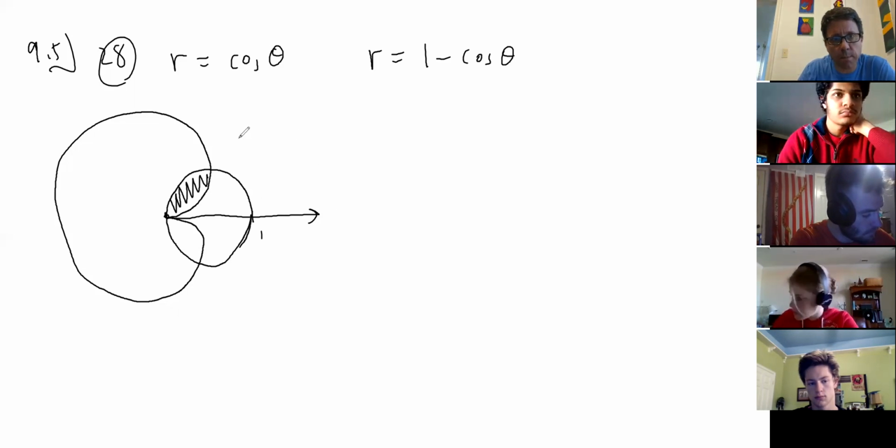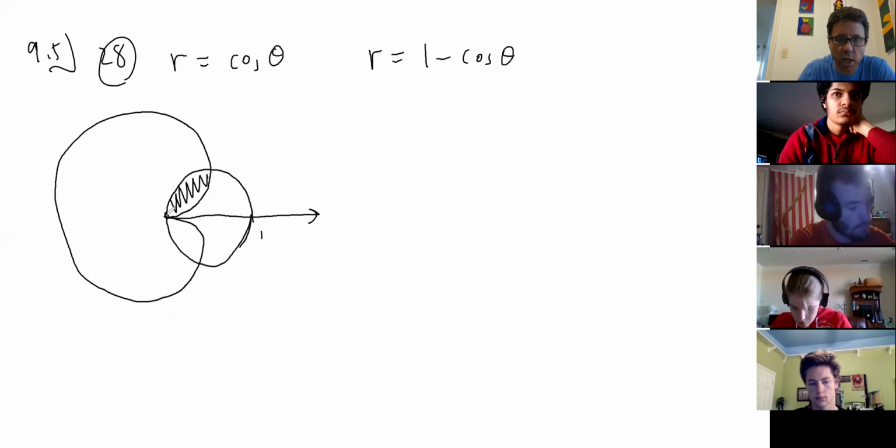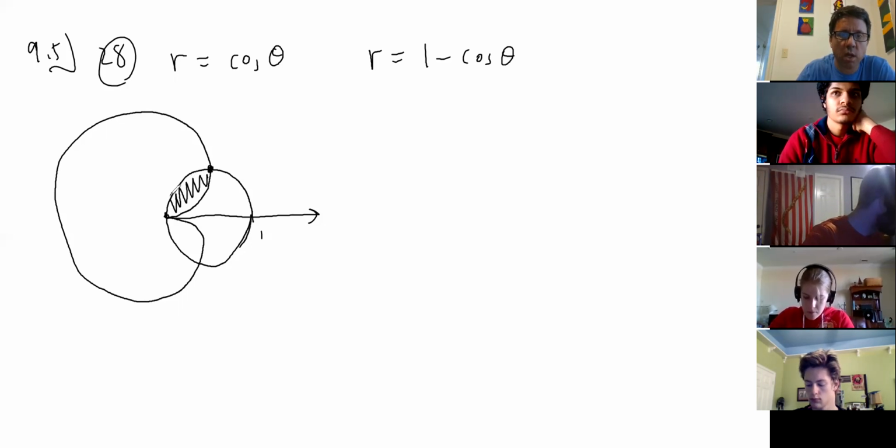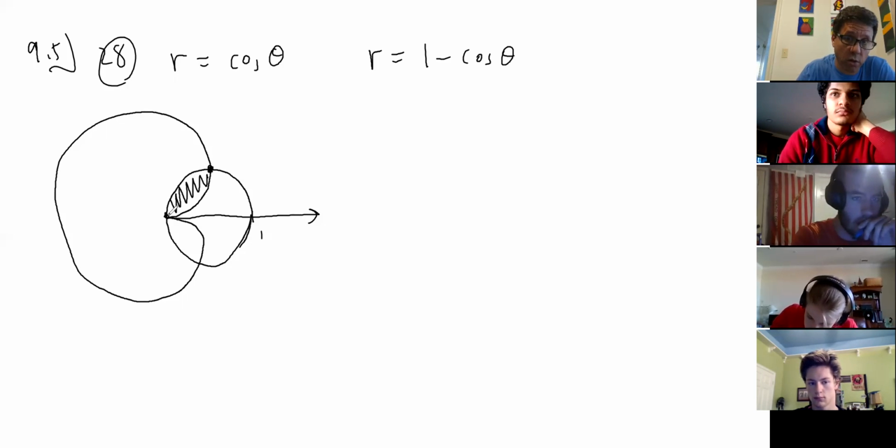So you can see that if I start drawing radial lines out, for a while I'm only hitting the heart shape, only the cardioid, until I hit this point right here, which I think is going to be of interest. Then when I keep drawing the rays, I'm only hitting the circle.